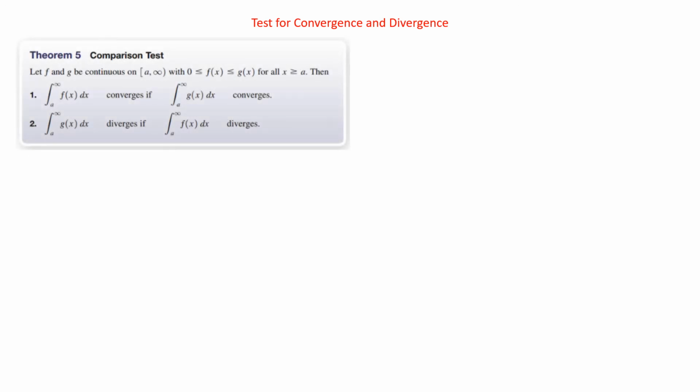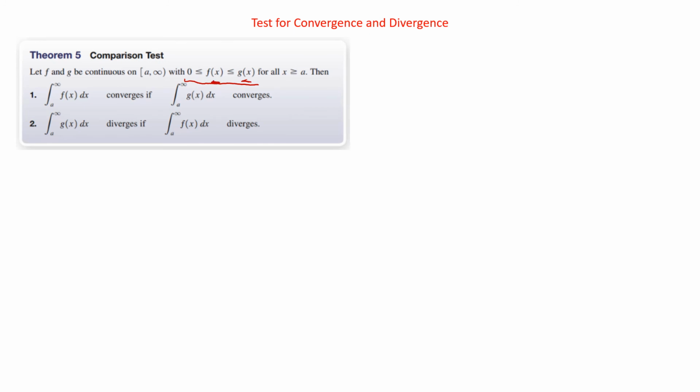Tests for convergence and divergence. The test is basically if you compare it. So it's a comparison test. You have these three things. If g of x is bigger than f of x, which is positive, if g of x converges, if the big one converges, then the small one converges.